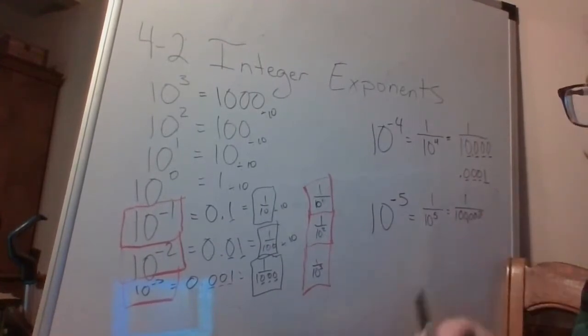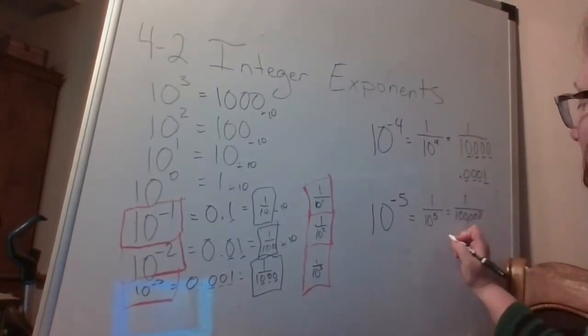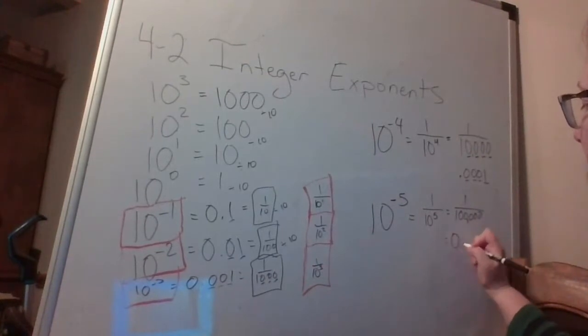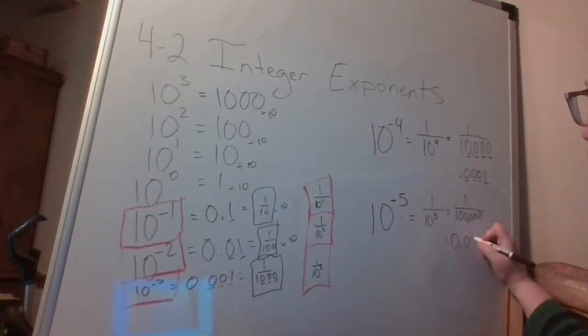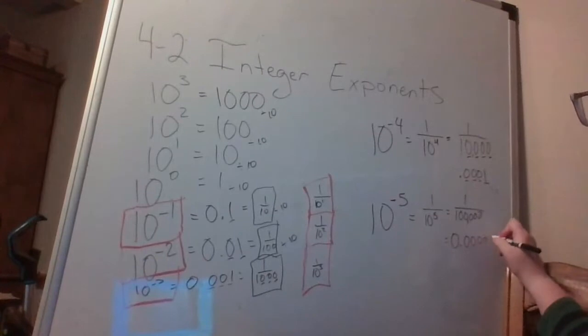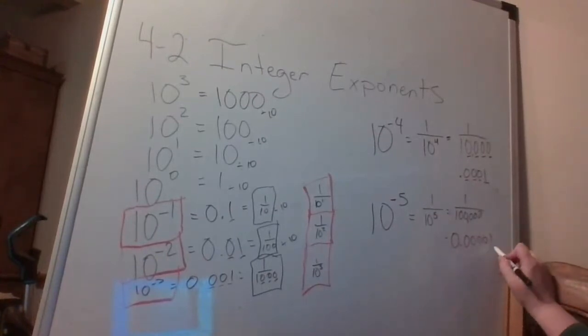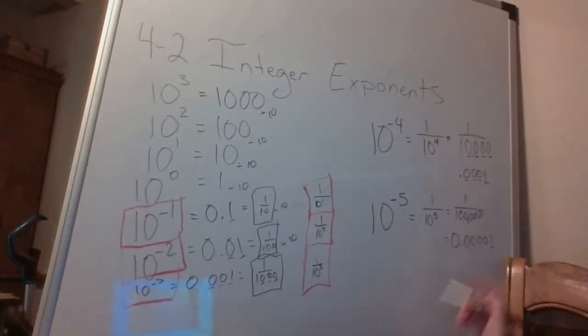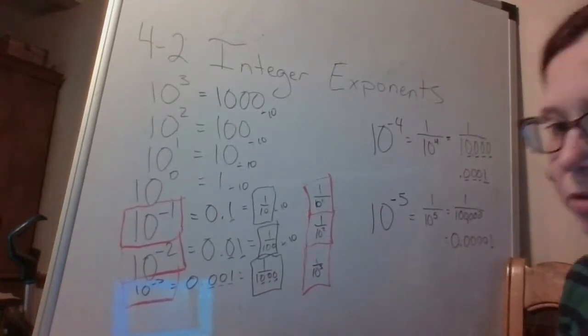So it's 1 100,000th. And to write that as a decimal, you would have 5 decimal places, and your final one would be the 1. So again, we have 1 100,000th.